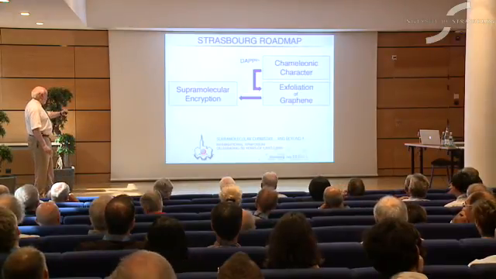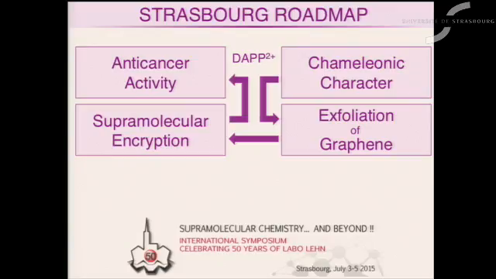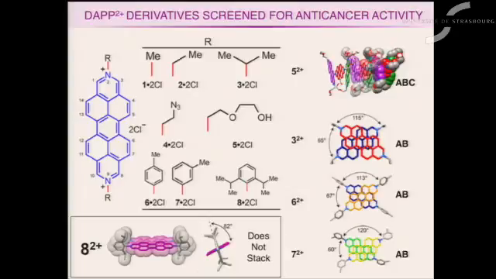I come back to my roadmap, and I have a couple of slides now that take us into the anti-cancer realm, completing the loop and bringing us back to where I started. What we did was to not only work with DAPP with methyl groups at the end, but we had another 7, I guess, derivatives here.